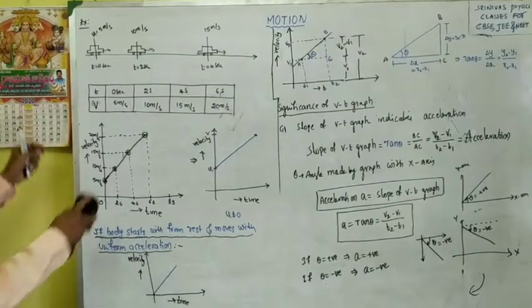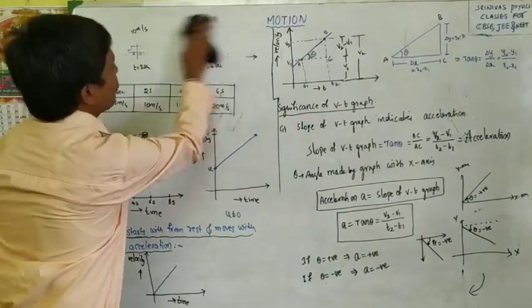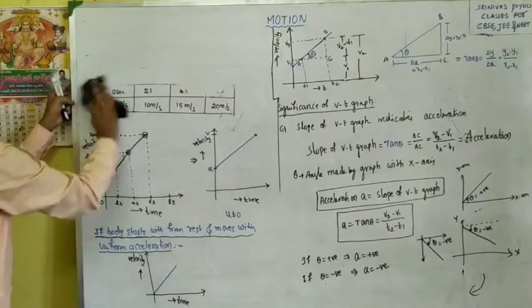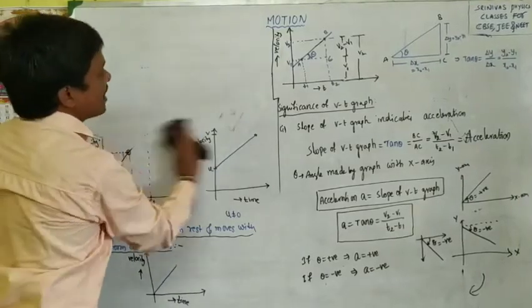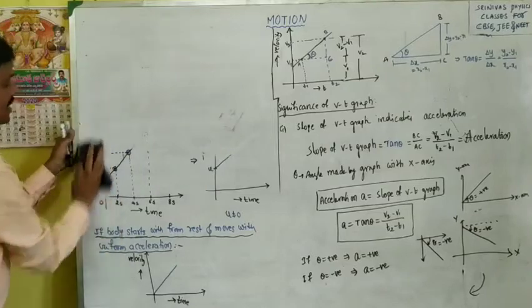Now there is a second point from the velocity time graph. One more thing we will find out.